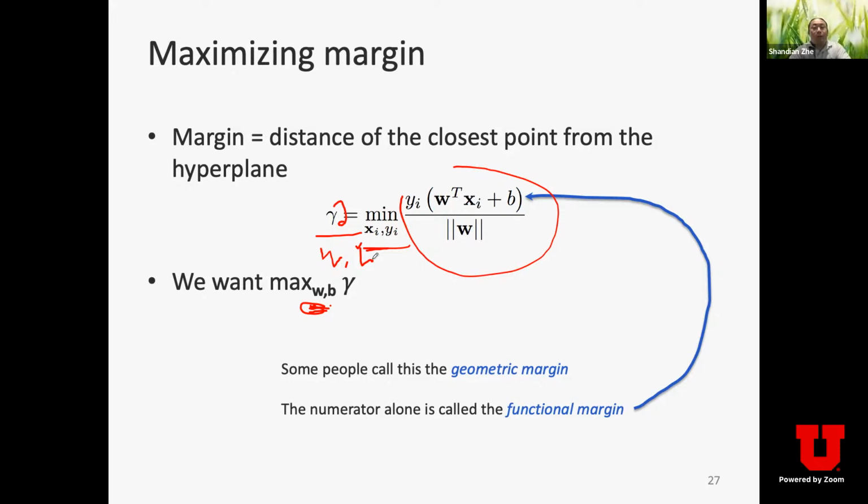Then our next step is to simplify this objective function. We don't want to carry out this max-min and combine continuous and discrete optimization. How can we do that?